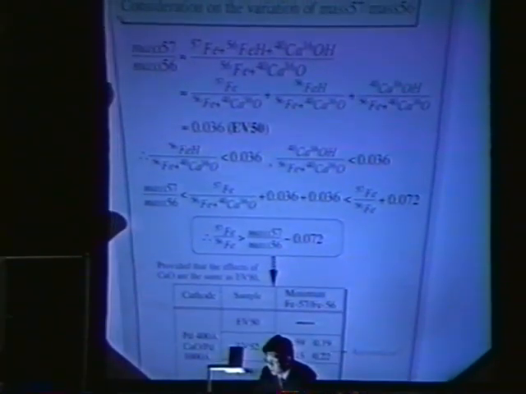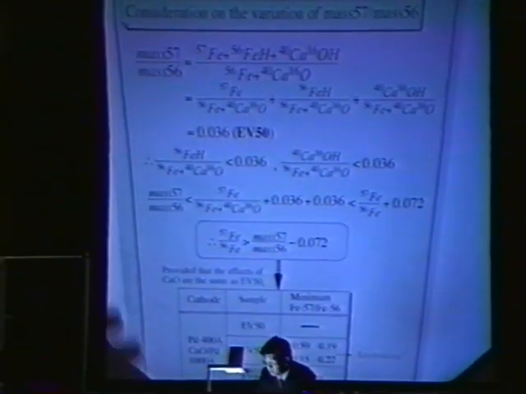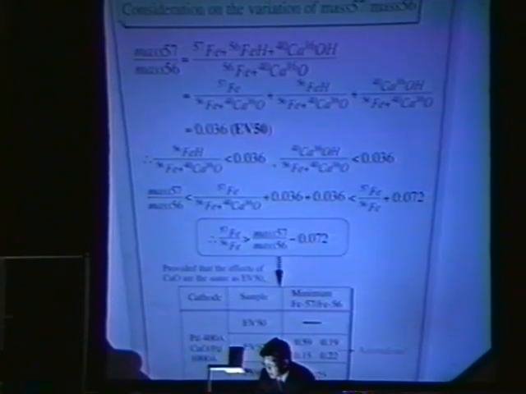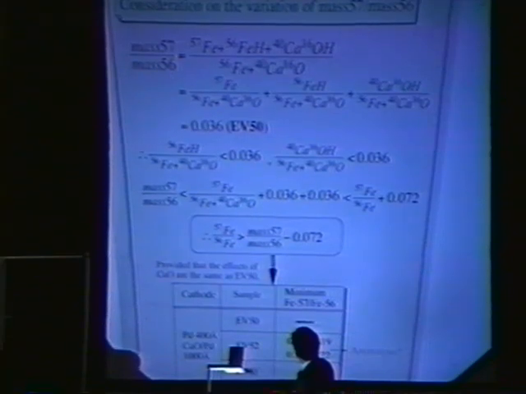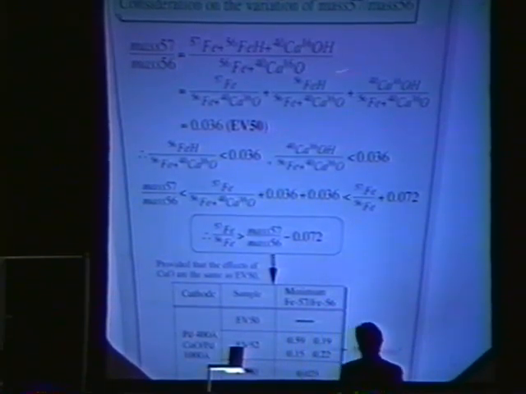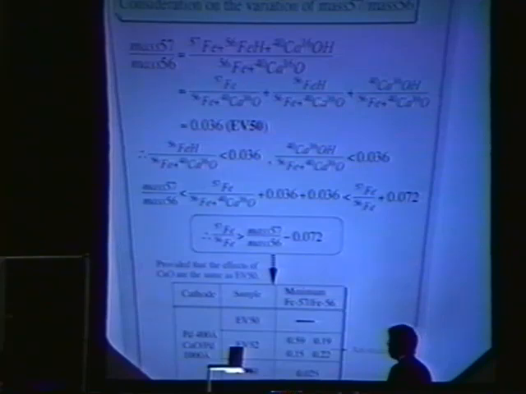Now we discuss mass 57 by mass 56 and ion 57 by ion 56. Mass 57 by mass 56 is defined as this expression because the candidates for mass 57 are Fe57, FeH, and COH, and the candidates for mass 56 are Fe56 and CaO.